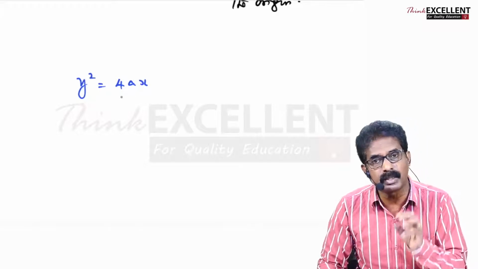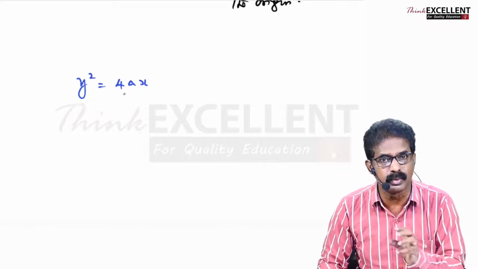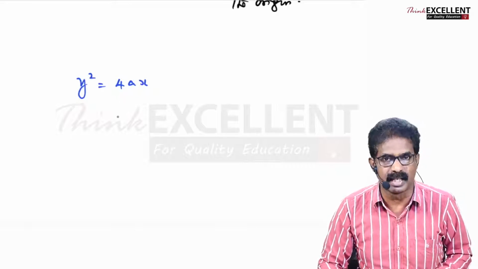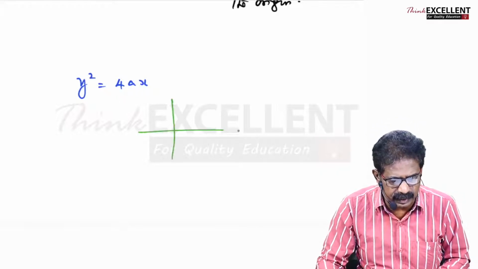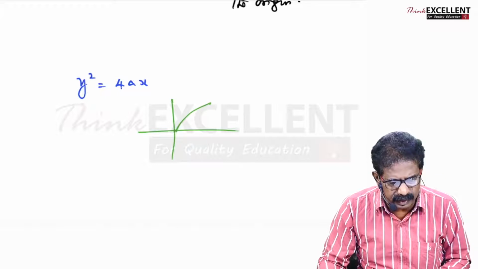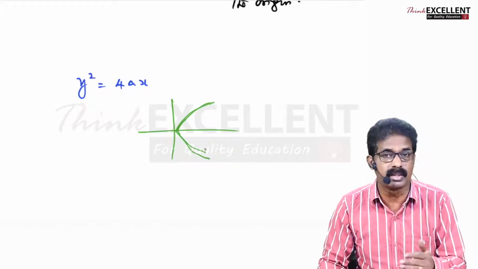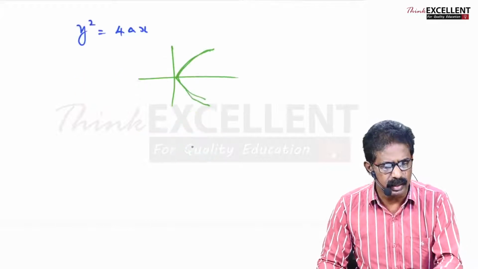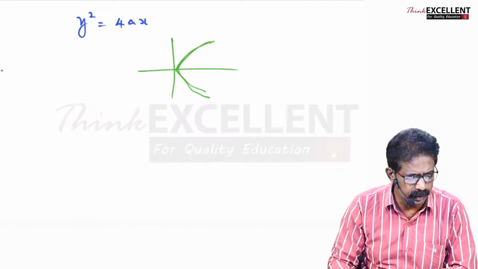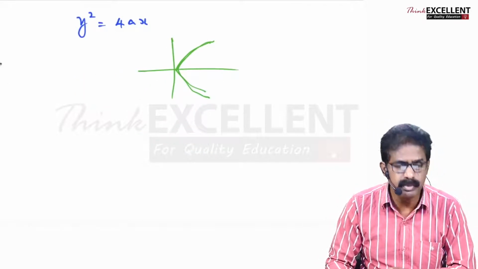So when you replace y by minus y, there is no change, so we say the curve is symmetric about the x-axis. That is why we get a curve like this. Whatever portion you have here, the same you have here also. It's a parabola, right? You already studied it. Like this you can check for symmetry. Okay, so the next one is asymptotes.